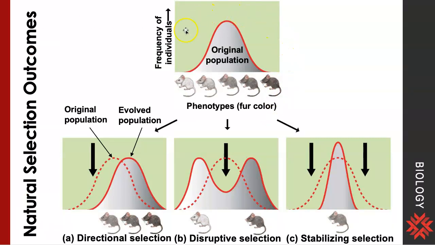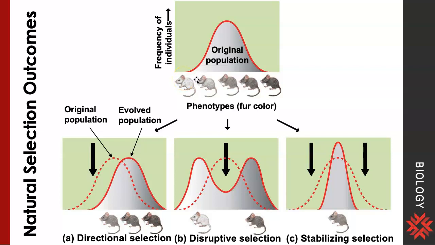So here, the original population, this bell curve, is showing that you have a few organisms that have this extremely white phenotype. This is showing color of mice, but it can be any phenotype that you're thinking of. It could be body size, it could be body color. The most extreme phenotype is going to have just a few organisms that have that particular phenotype.